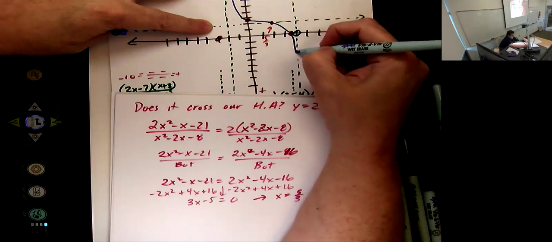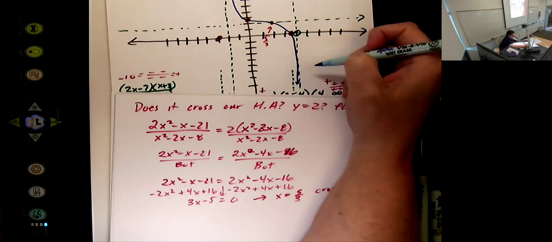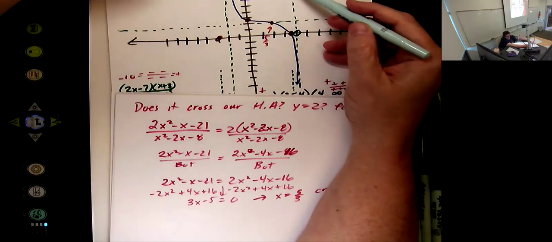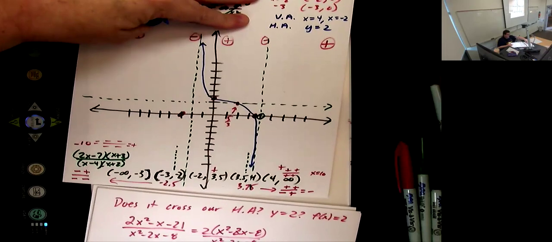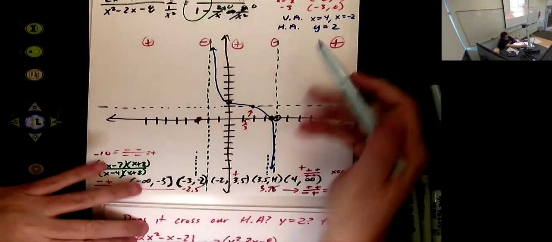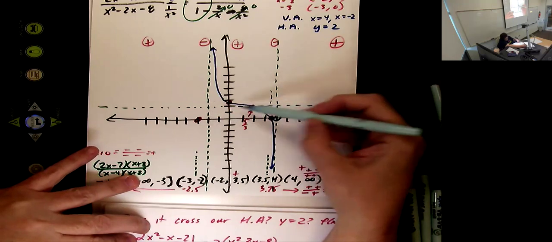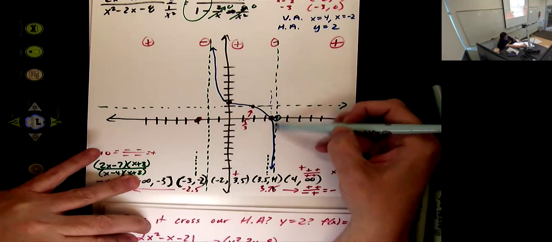And it must come down. And that seems to match our plus and our minus up here. Right? That matches our plus and our minus. This is all positive, this is negative.